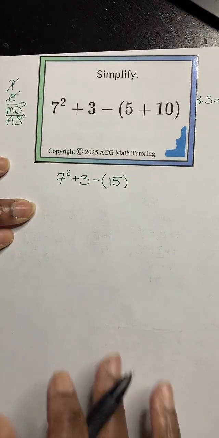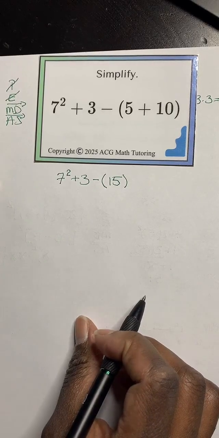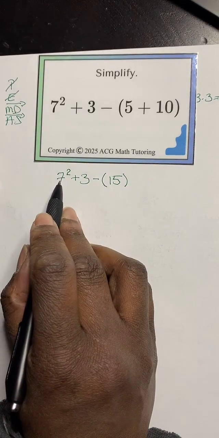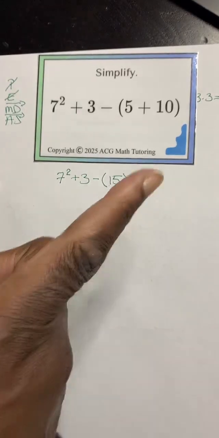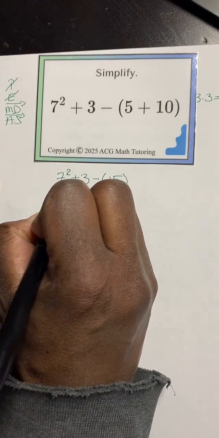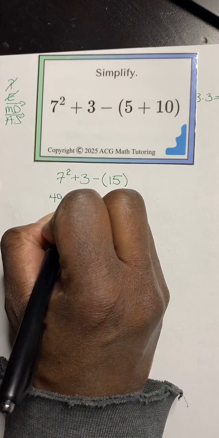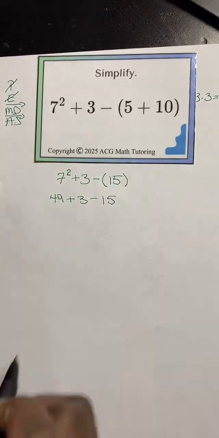So the parenthesis basically could go away. Not too bad. Now we're going to deal with the exponent. So the exponent is your 7 squared. Now 7 squared is not 14. Stop it. Okay, it's 7 times 7, which gives me a 49. I'm going to bring down my plus 3, and I'm going to bring down my minus 15.